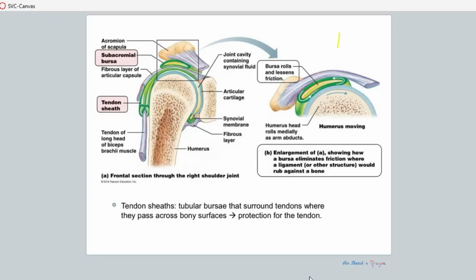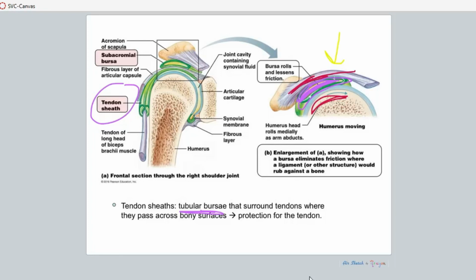Yeah, and this is a good picture of what it does here. So there's your bursa, and basically this is where the tendon would rub against the bone, but instead this bursa rolls and it prevents friction between these two. There's also another similar item called a tendon sheath, and basically this is a tubular bursa, and this wraps around tendons.